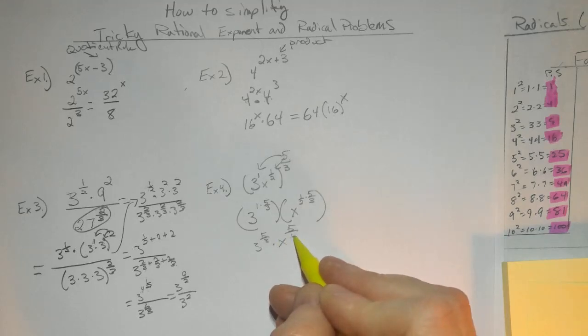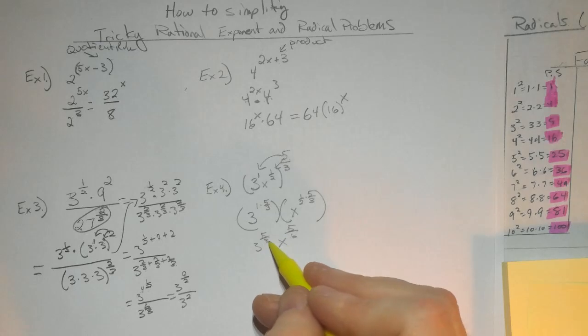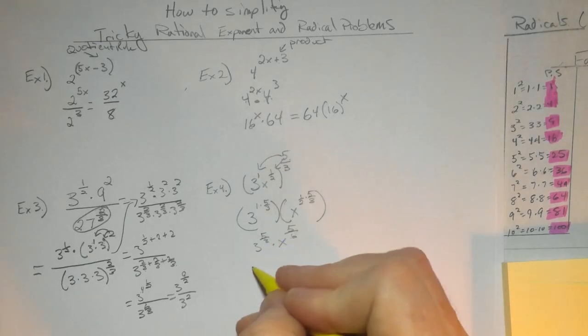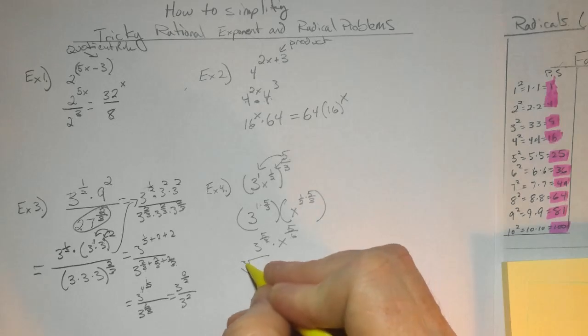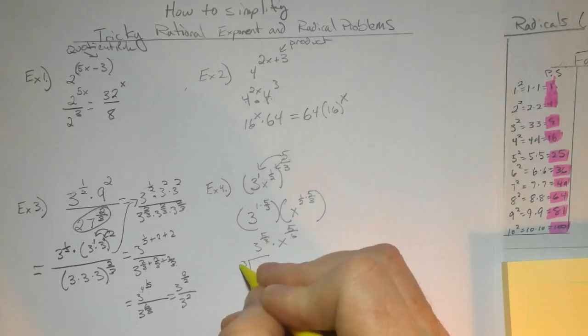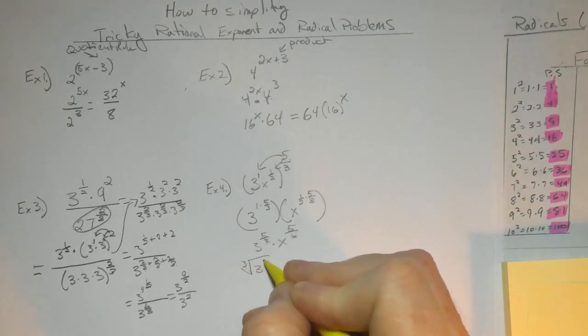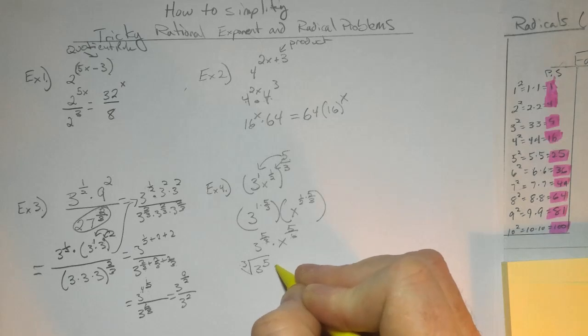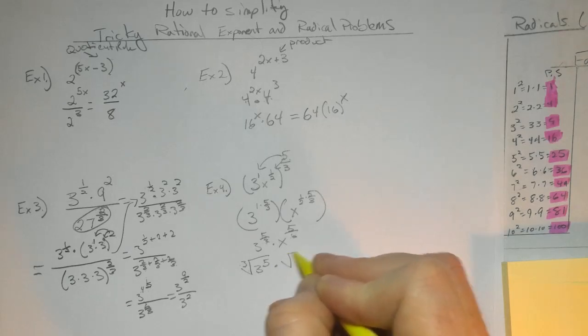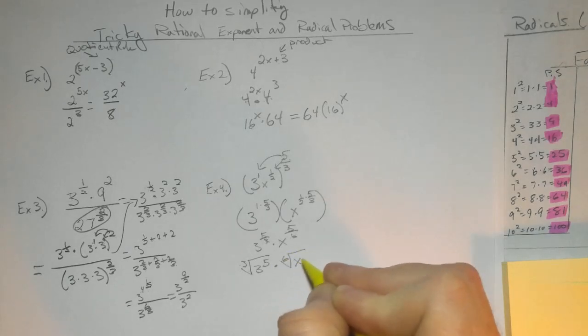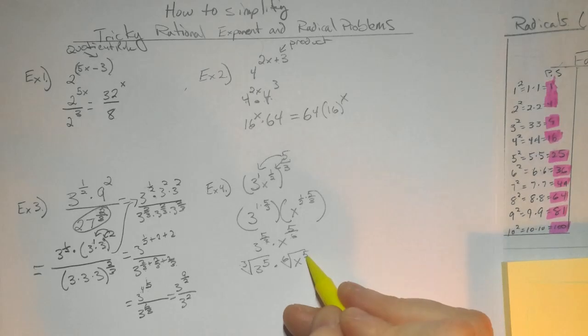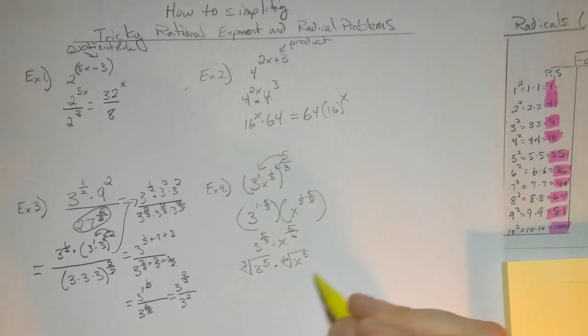So I guess I could add different roots, but that really doesn't make sense in this situation. I don't have to do that. I could, but just so we see what it would look like with roots, I'd have the cube root of 3, the base here, raised to the 5th power, times the 6th root of x, as the base, and 5 here, right? And so this would be our value.